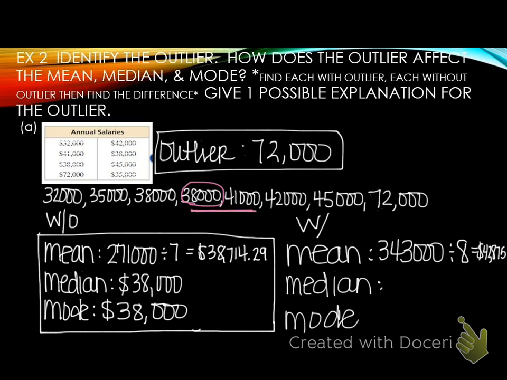All right. So 38,000 and 41,000. So everybody grab your calculators again. We have to find the average of these 2, because those 2 numbers have 3 numbers in front and 3 numbers behind them. So when you have an even amount of numbers, finding the median is going to take a little bit of extra work. So what is 38,000 plus 41,000?